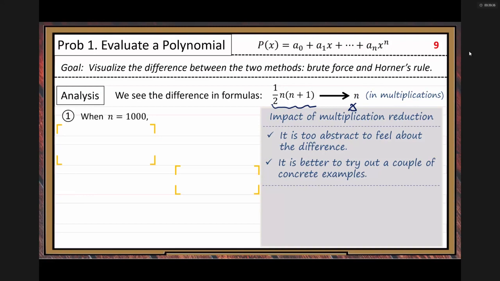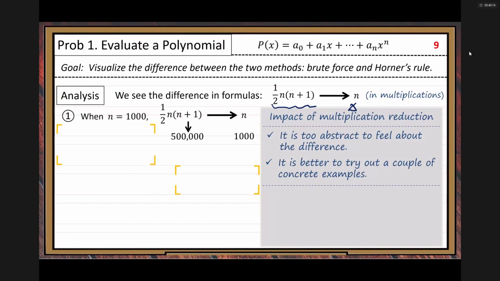Based on the new formula, just 1,000 multiplications. The old formula, when we plug in, here I use an approximate number, not exact. 1,000 times approximately 1,500, 500 multiplied by 1,001, here I just multiply by 1,000 because that answer is much easier to see.